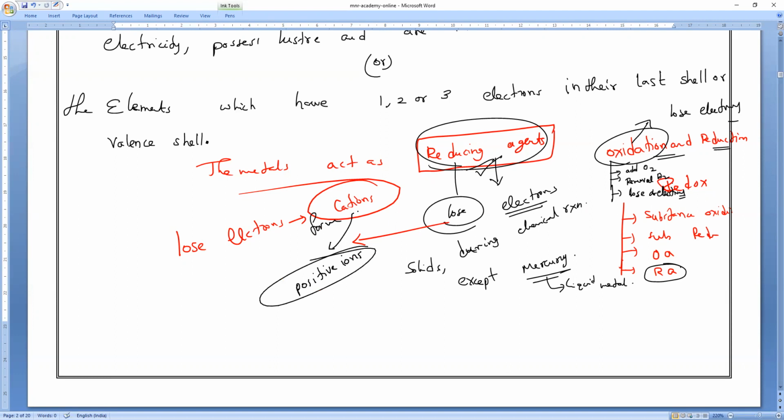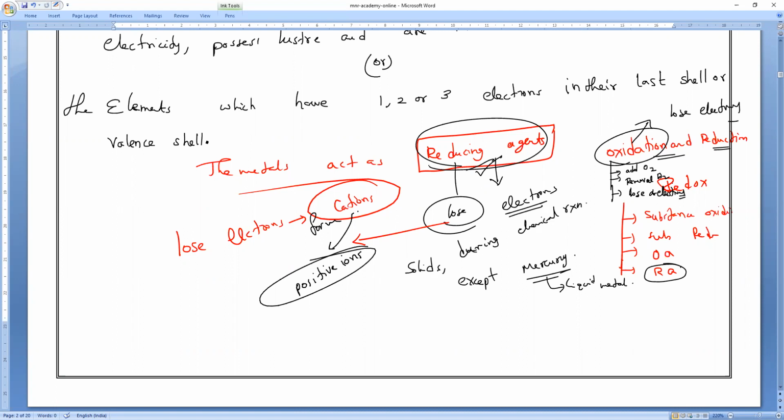So metals always form positive ions and non-metals always form negative ions. Not all non-metals, though. Hydrogen is a non-metal but has different properties. Am I right, everybody?